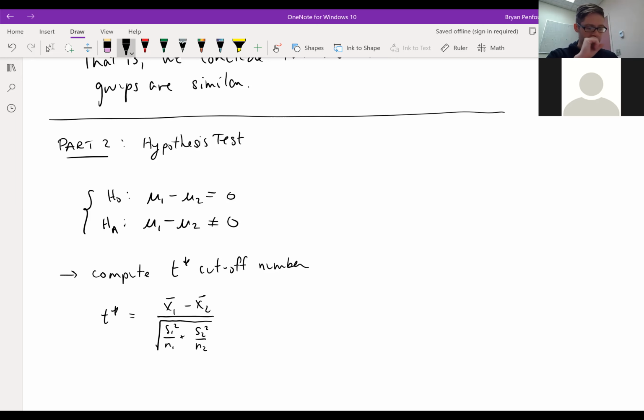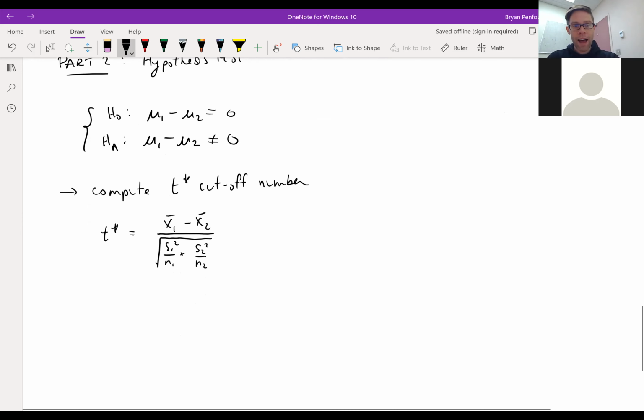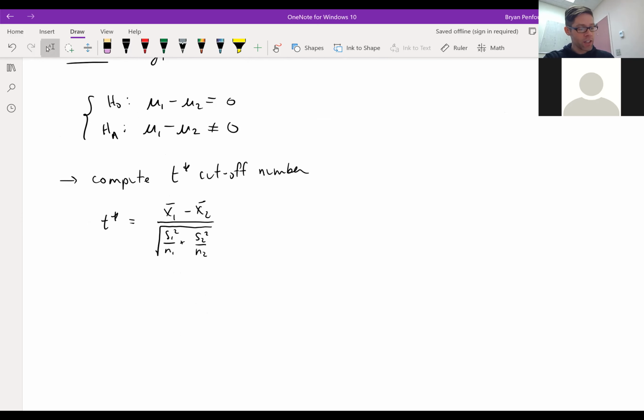Okay, so T star is given as the difference of our two samples, x1 bar minus x2 bar. That's the numerator. The denominator is the standard error. And you know me, I typically like to try to get as much accuracy as possible. So I'm going to actually put that whole standard error into the denominator and just have my calculator take care of trying to get that as accurate as I can.